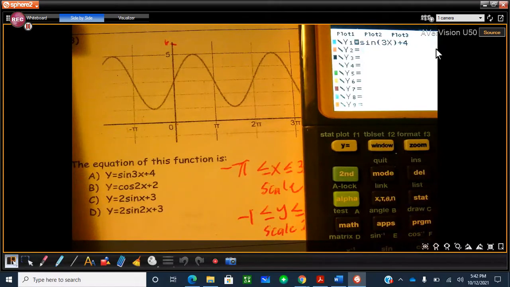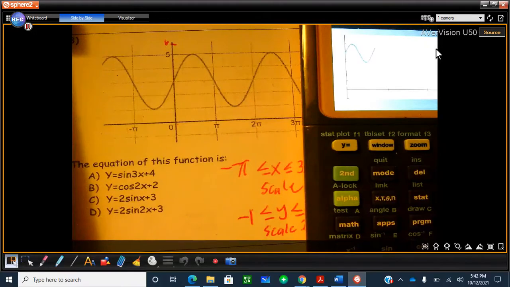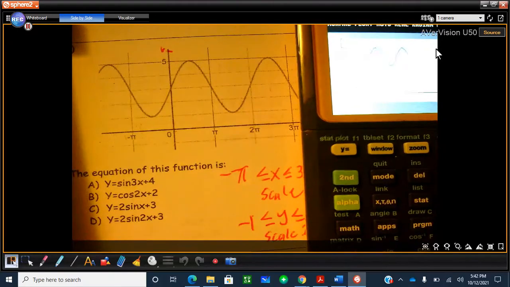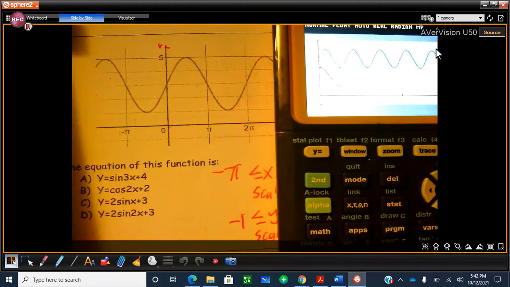And then we have cosine of 2x plus 2, and then 2 sine x plus 3. I'm going to do these three and see if I get something that matches. So this is A, and it is not the same midline, so that's not it. There it's graphing B.